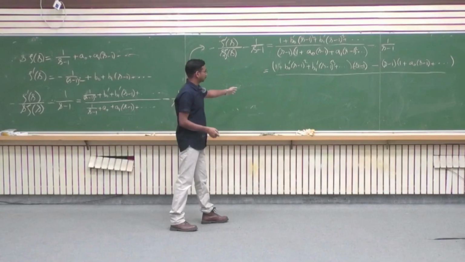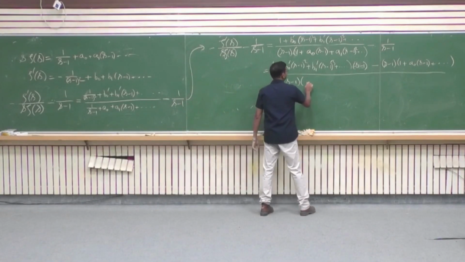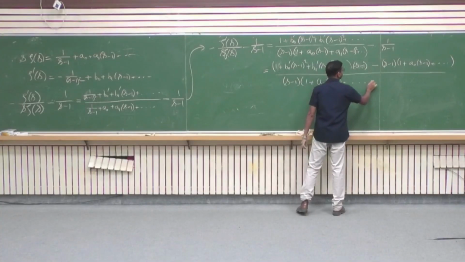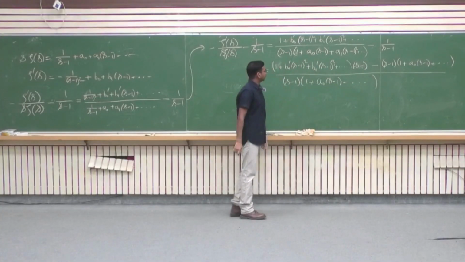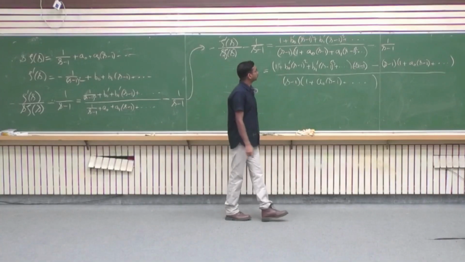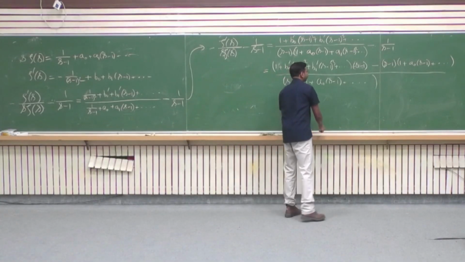After we write here s minus 1 times 1 plus a0 s minus 1 plus dot dot dot, this s minus 1 term cancels.